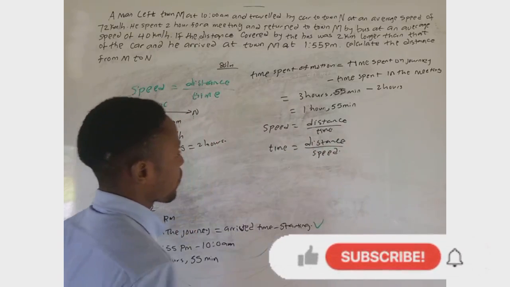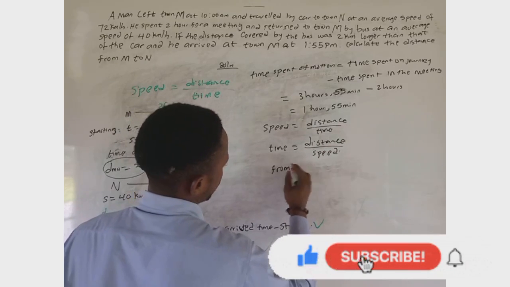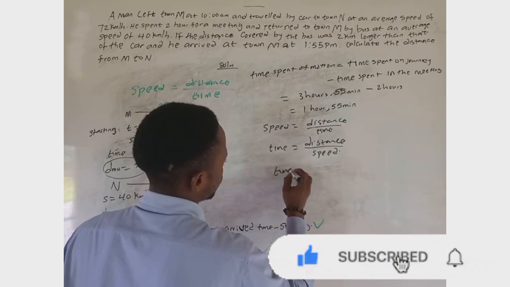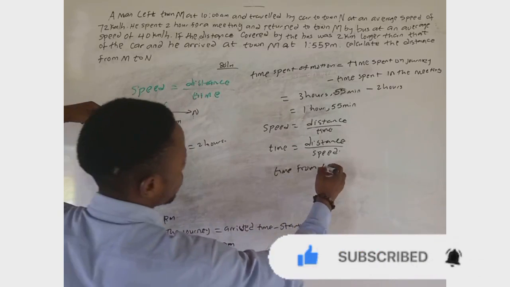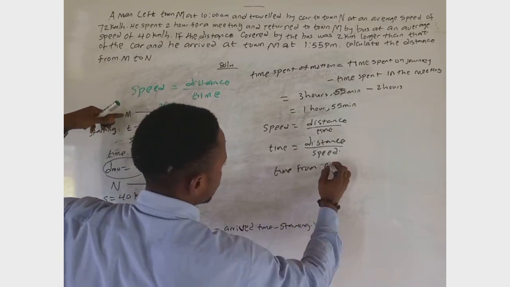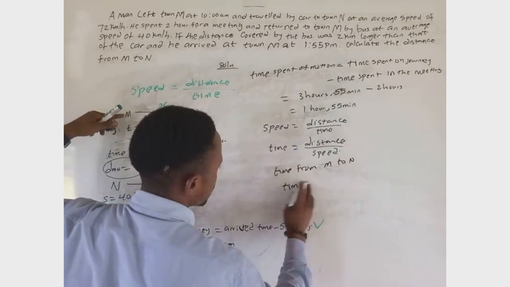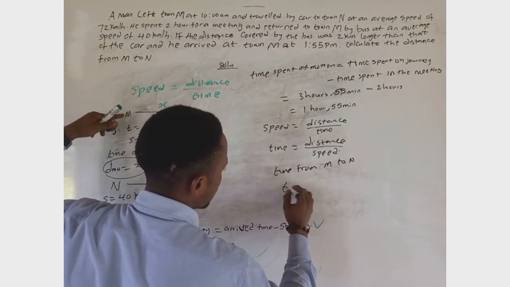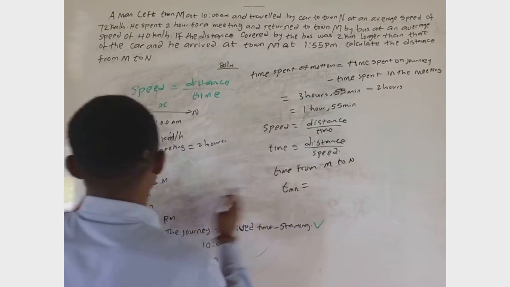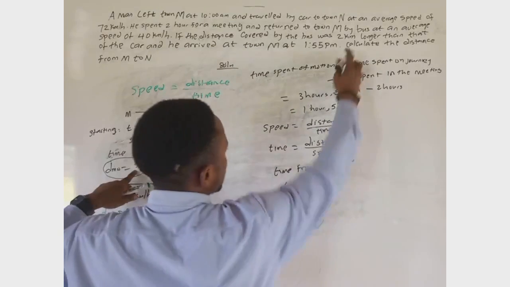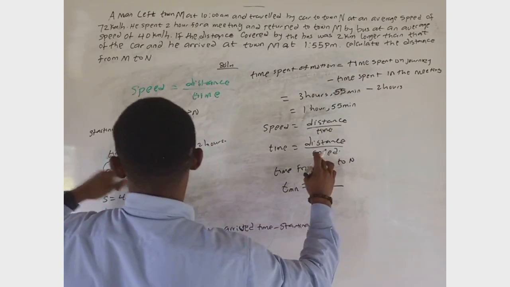So for the journey from M to N, the time is given as t_M, which is equal to our distance, which is what we are calculating, S, over our speed.